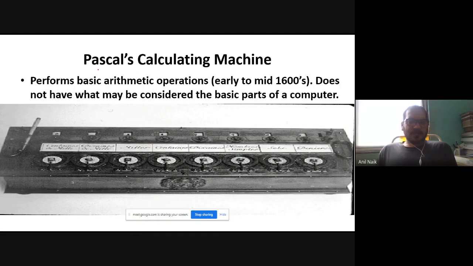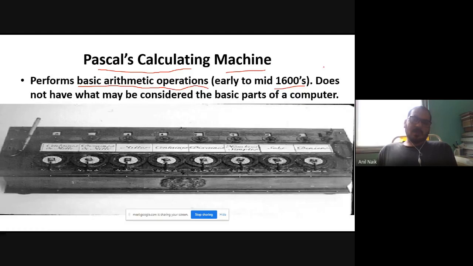Then Pascal's calculating machine. This is Pascal's calculating machine that performed basic arithmetic operations in the mid 1600s. It does not have what may be considered the basic parts of a computer.